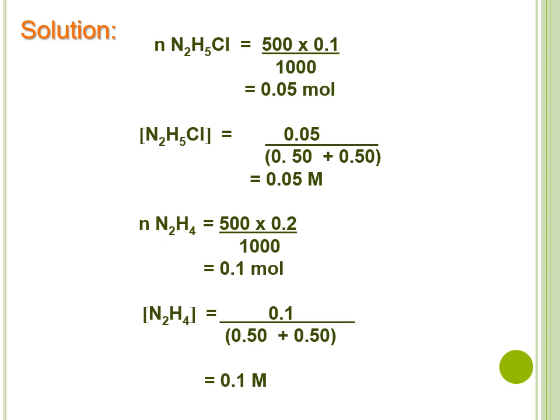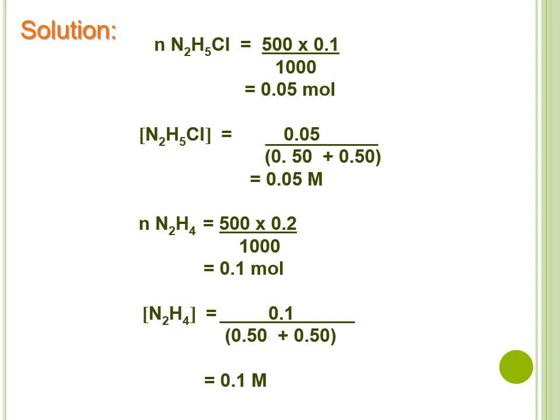And we have to divide the number of moles here by the total volume of the salt and the base, 500 plus 500. It's 1 liter altogether. So the concentration of the N2H5Cl now is 0.05 molar.